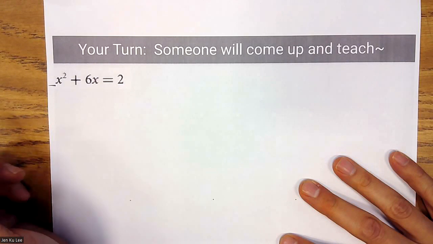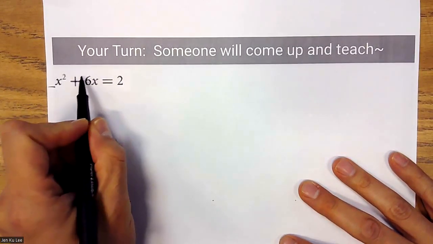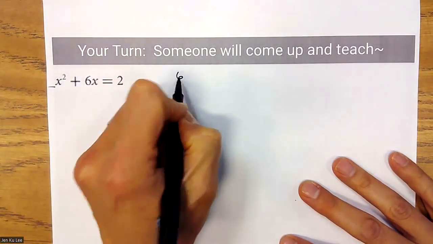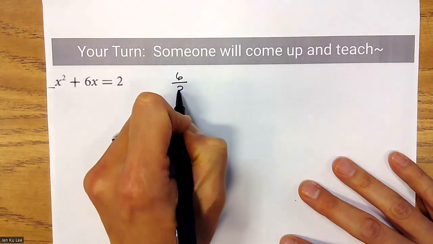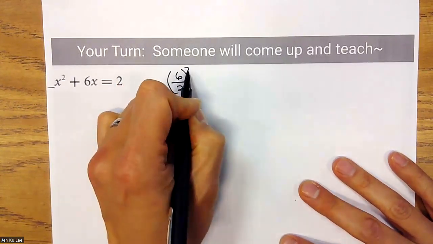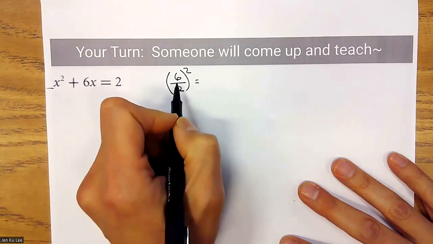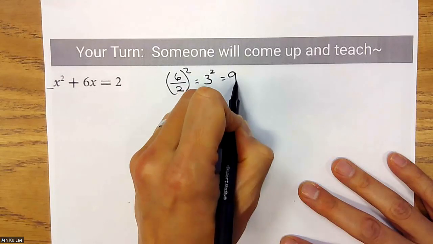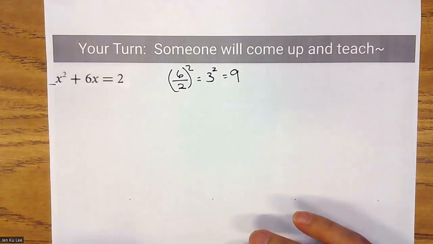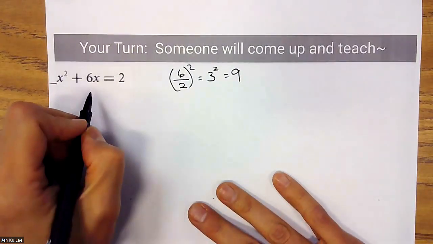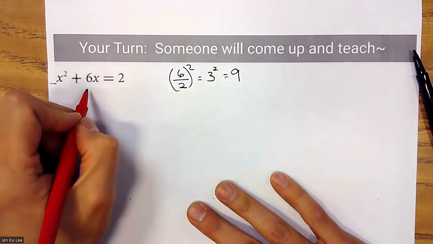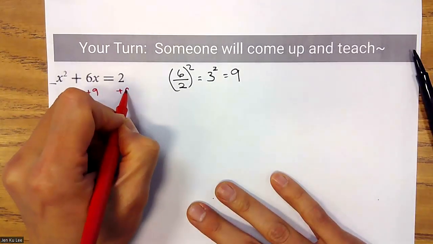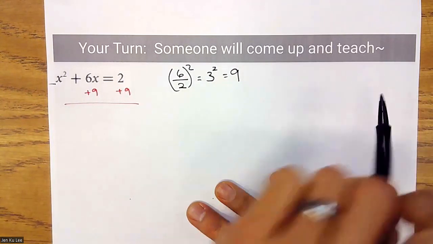Check. Step 3, get the coefficient of x, which is 6. And we're going to half it. Squared it. So that's 3 squared, which is 9. You guys think it's ridiculous, but it's going to be in your head now. And then we're going to add that number to both sides of the equation.